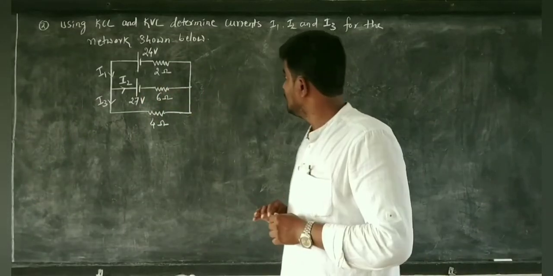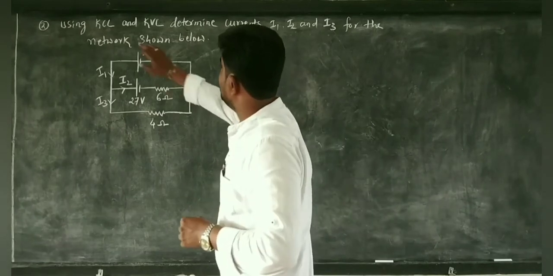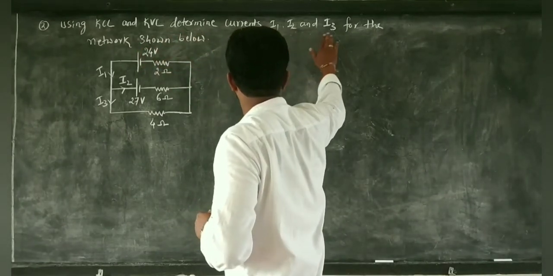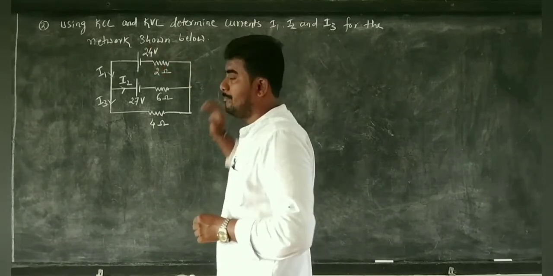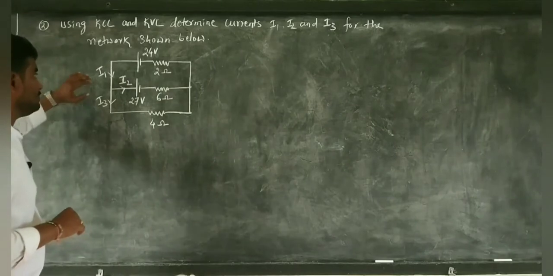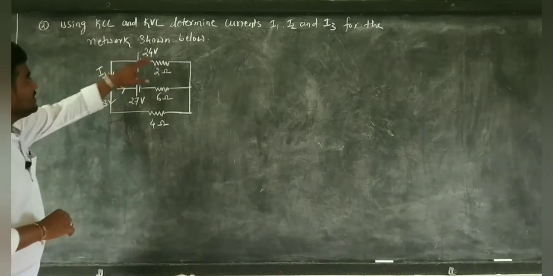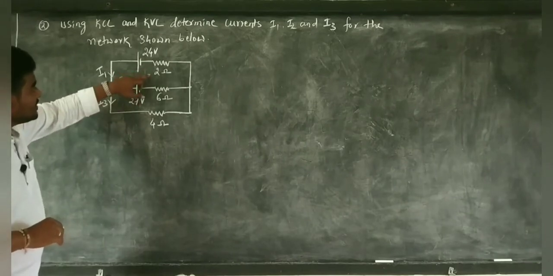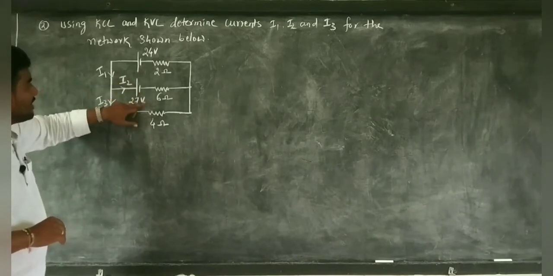Look at the numerical very carefully. Using KCL and KVL, determine currents I1, I2 and I3 for the network shown below. Here one network is given, a complicated circuit that includes resistors as well as batteries.